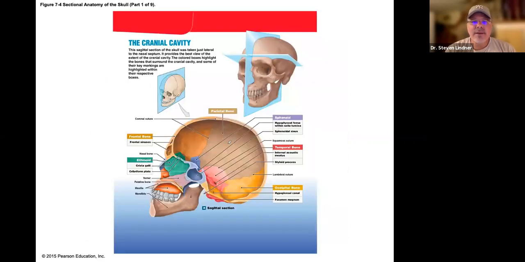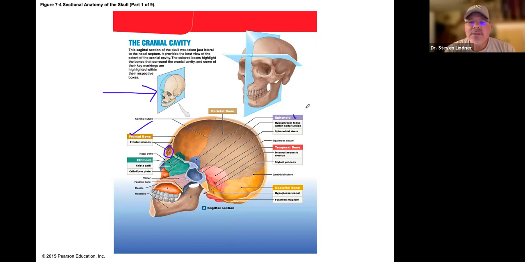So here's the cranial cavity, and when we look at it, this is now cutting the skull in this sagittal perspective. When we open it up, we can now look inside, so we can see these different chambers, right? Here's the frontal bone, and we see there's a frontal sinus.